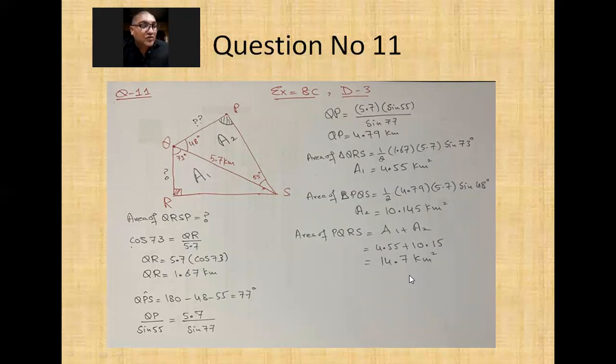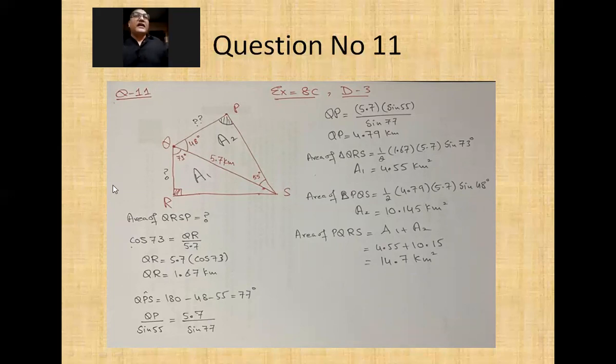Angle SQR is 73 degrees. Angle PQS is 48 degrees. And the angle PSQ is 55 degrees. The question is, find the area of the nature reserve.